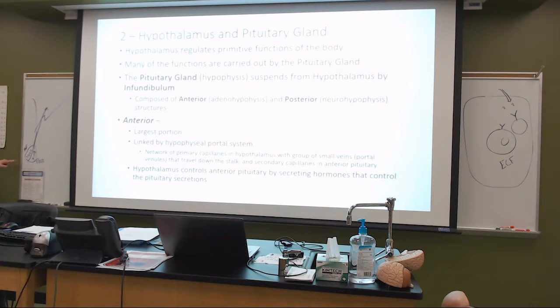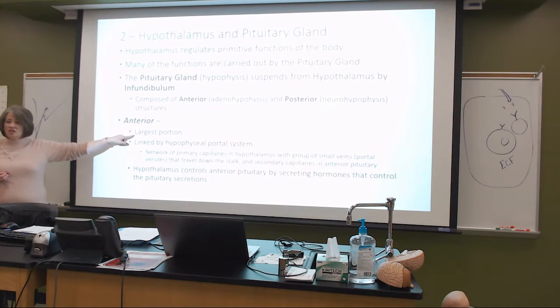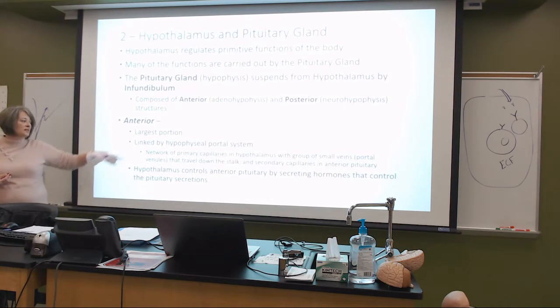When you look at it under the scope, they have two different structures. This one gland, two different structures, cellular and nervous. The anterior is the largest portion of the gland.